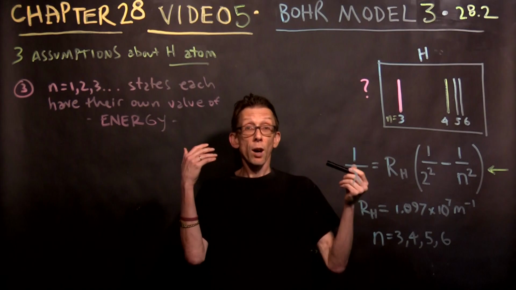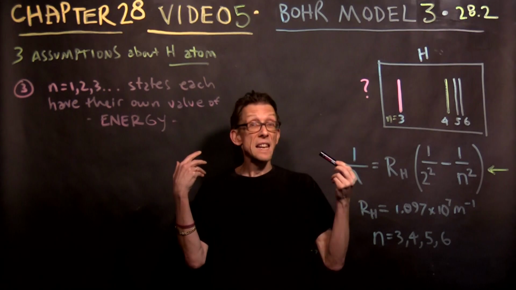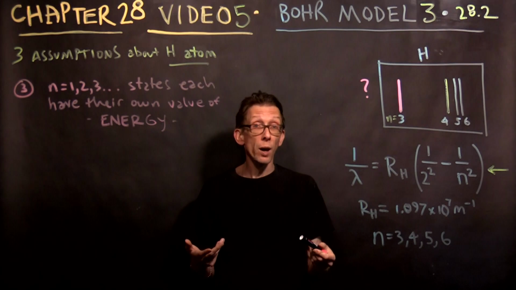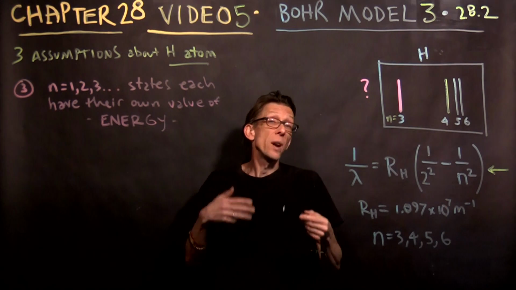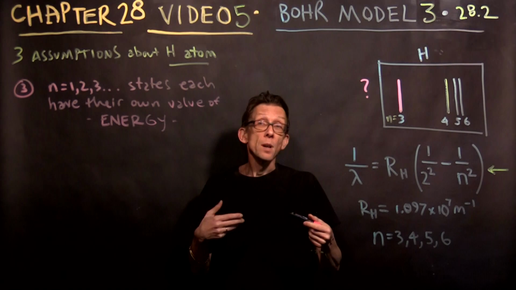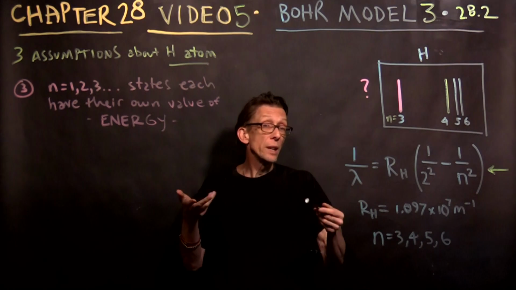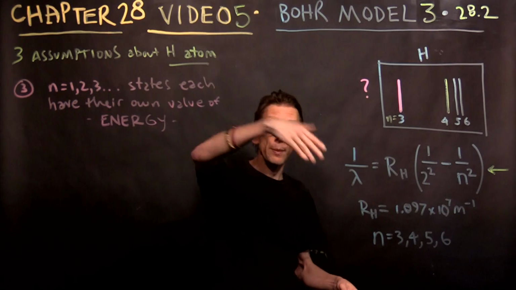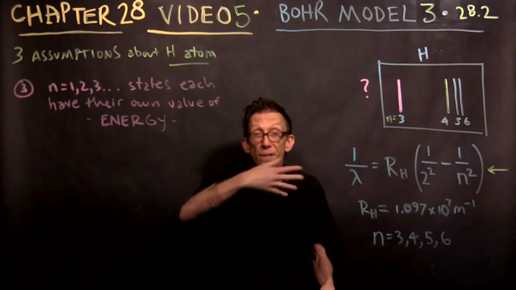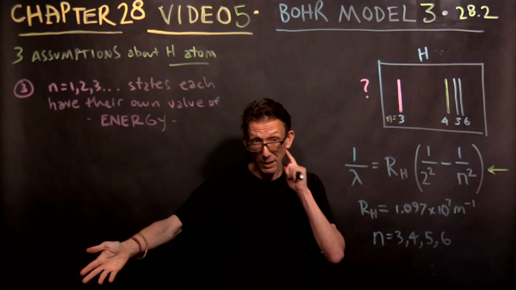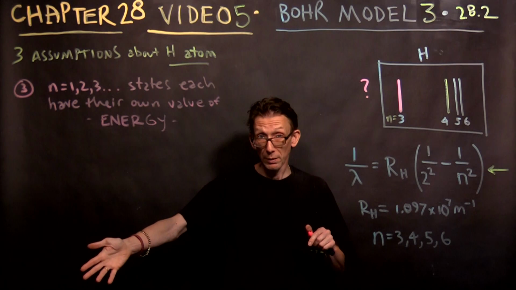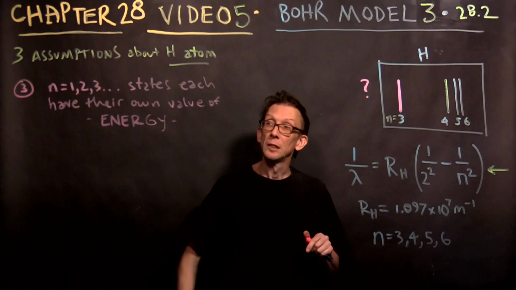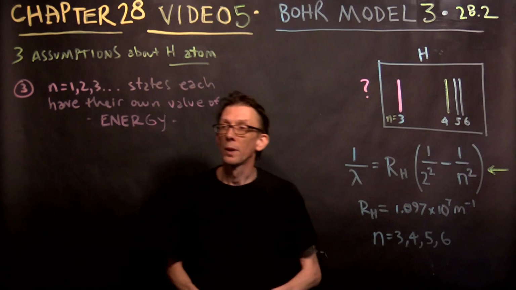So the electron, or the atom, when it's in state 1, n equals 1, has a different energy than when it's in state 2. And a different energy again when it's in state 3, and 4, and 5, and 6, and 7, and 8. And that dot, dot, dot means there's really no limit. There's an infinite number of states the electron can be in a hydrogen atom. Each has their own energy.